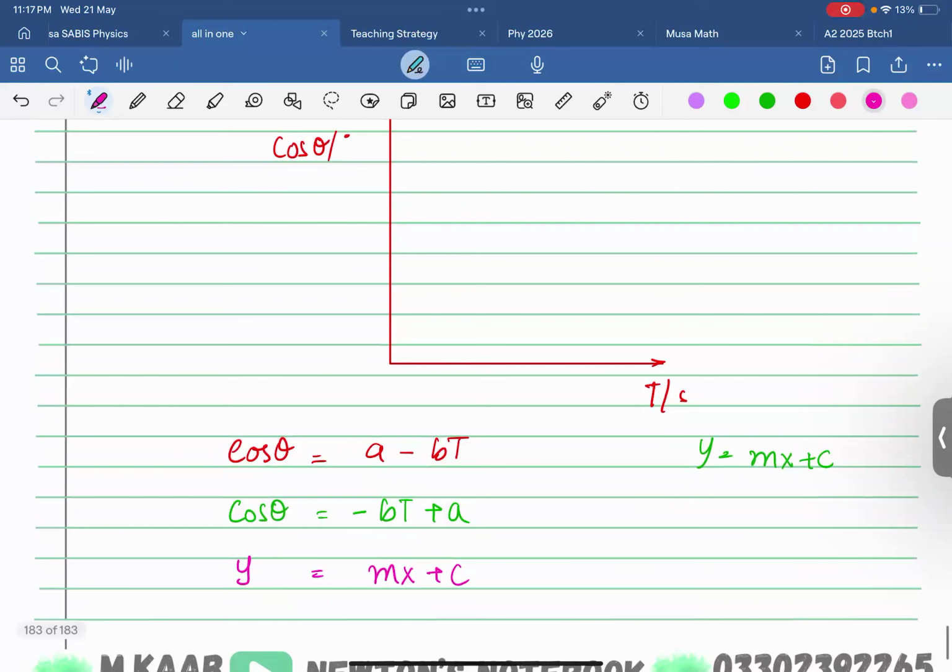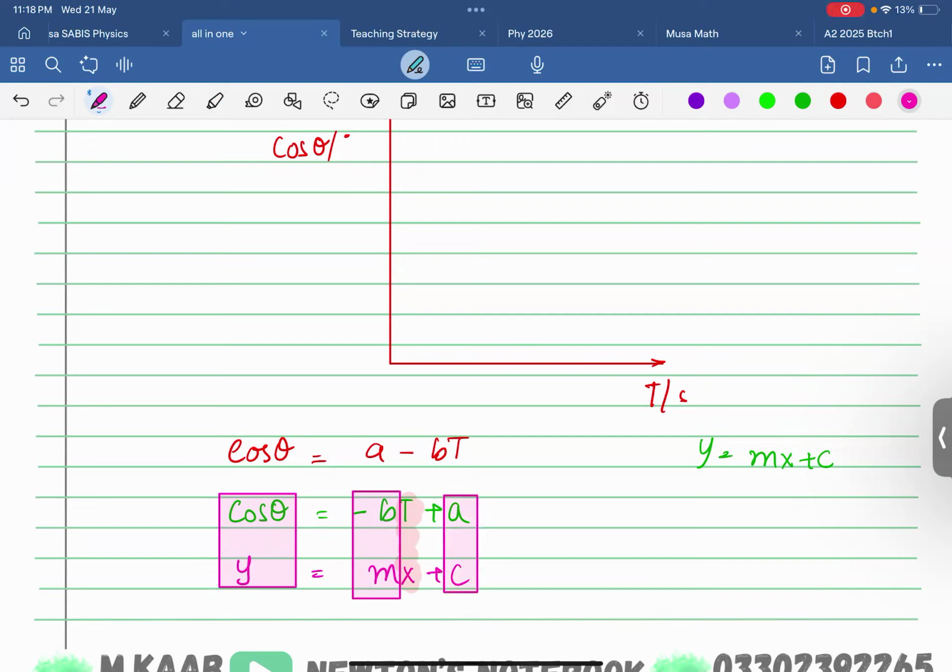Cos theta is your y-axis, and you have the gradient equivalent to negative b, because t is your x-axis, right here. That's why I moved it to the beginning. And a is your y-intercept.